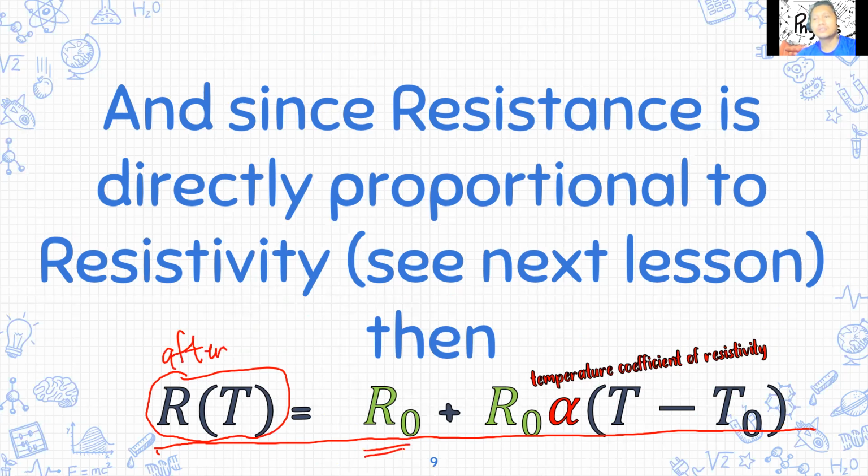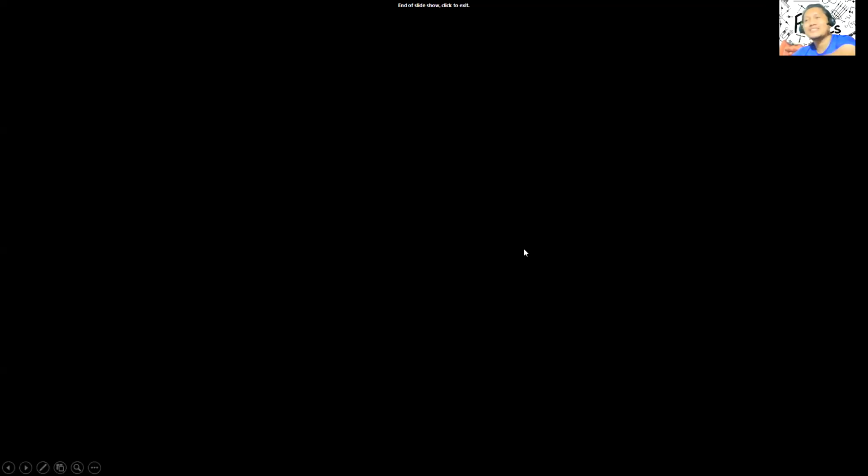Katong initial nimong resistance plus katong i-multiply nimo ning tulo. Initial resistance times temperature coefficient of resistivity times the temperature difference. So notice kung i-decrease nimo, ma-minus pod ang resistance, gamay pod siya. Unless kung ang alpha nimo is negative, just like atong carbon. So, that's it.